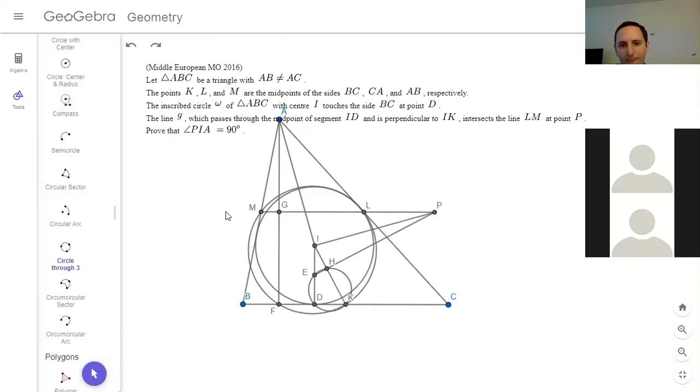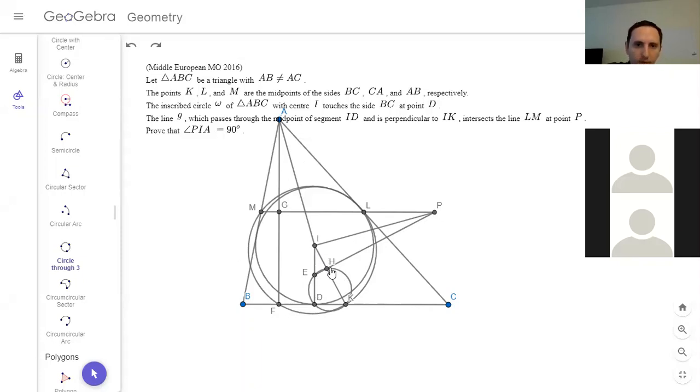So IPM. Maybe we could let PI cut BC at a point. Not sure. So we want to use that E as the midpoint here.